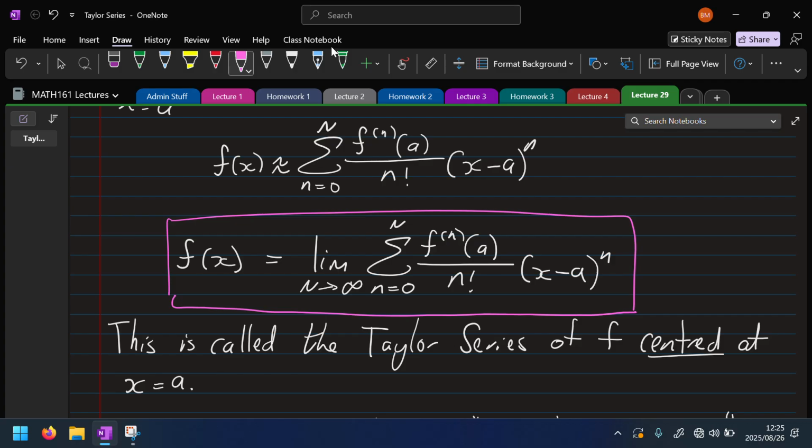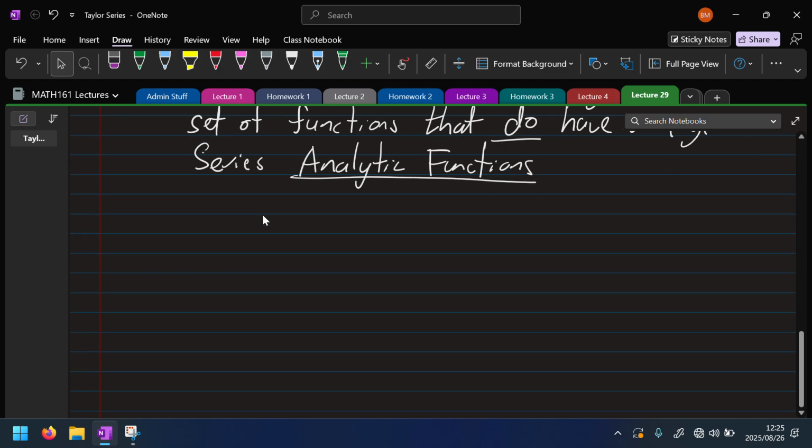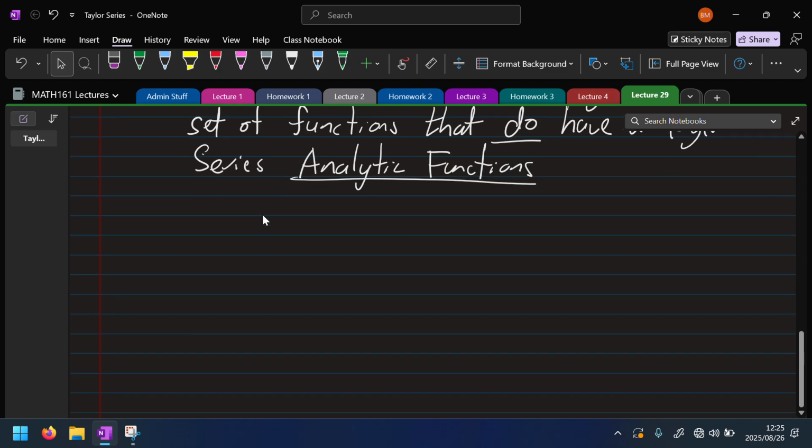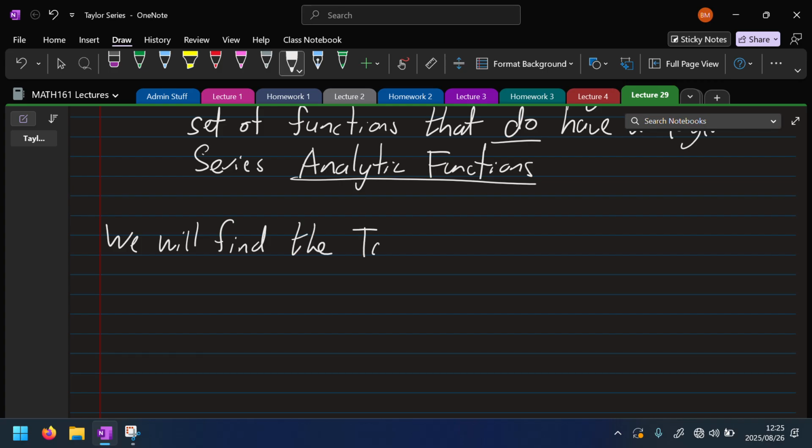After that, we're going to use some other tricks. Okay, so we will find the Taylor series for e to the x, cos x, and sin x using the definition, and then after that we'll do other methods.